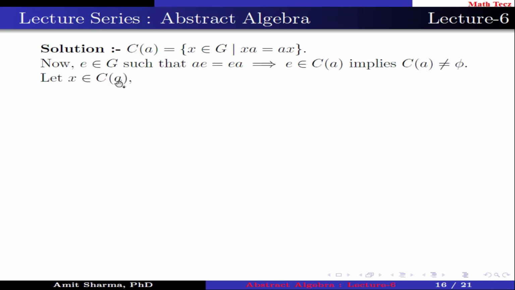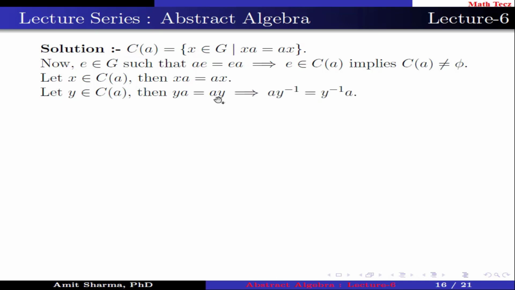Let x belong to the centralizer of a, then xa equals ax. Let y belong to the centralizer of a, then ya equals ay, which implies a y inverse equals y inverse a.